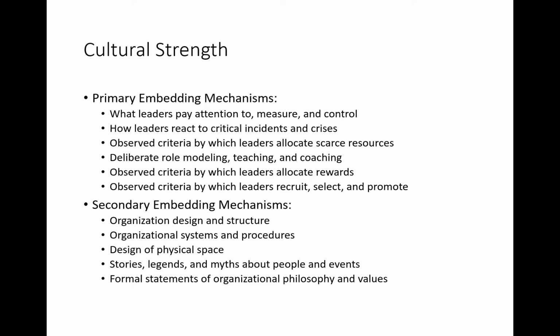Now, we also know that leaders can embed culture into their organizations. So when a leader comes into an organization, they can embed a new culture into that organization. And there are some specific ways, as Schein tells us, that you can embed culture into an organization. There are primary embedding mechanisms, and then there are what he calls secondary embedding mechanisms.